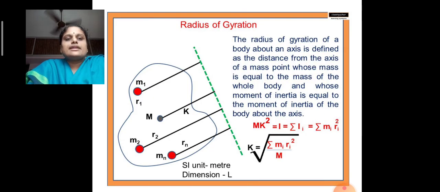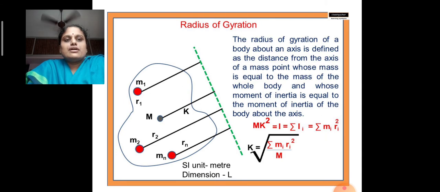Now let us define the radius of gyration. The radius of gyration of a body about an axis is defined as the distance from the axis of a mass point whose mass is equal to the mass of the whole body and whose moment of inertia is equivalent to the moment of inertia of the body about the axis.